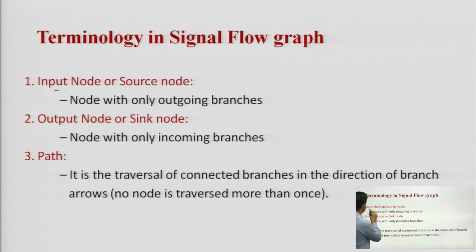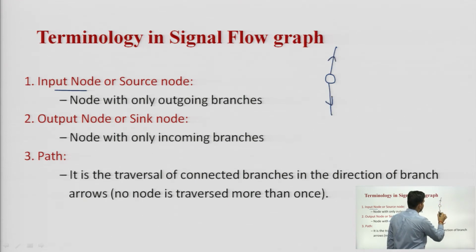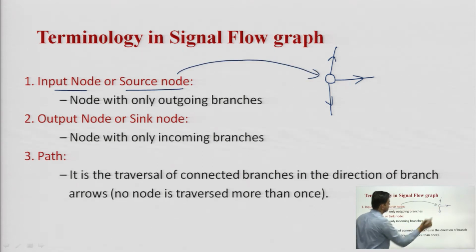One is the input node or source node. So, if I have a certain node, which may be a summer or takeoff point, and from this node all the signals are going into the system, it means it has all outgoing branches. So, we can say this is acting as the input node or source node. Okay.